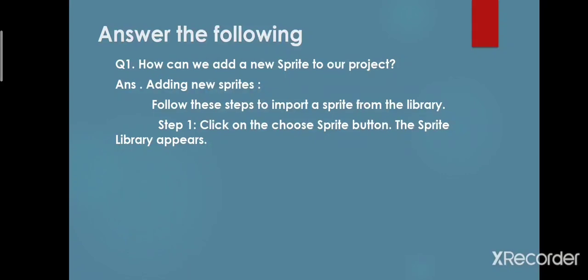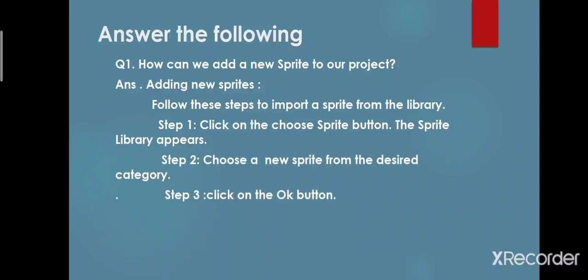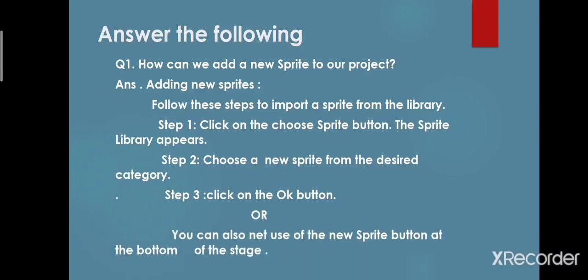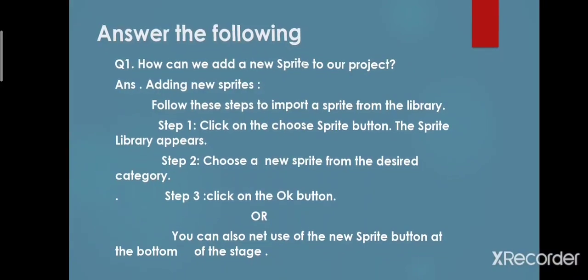The sprite library appears. Step number 2, choose a new sprite from the desired category. Step number 3, click on the OK button. There are other ways as well. You can also use the new sprite button at the bottom of the stage.